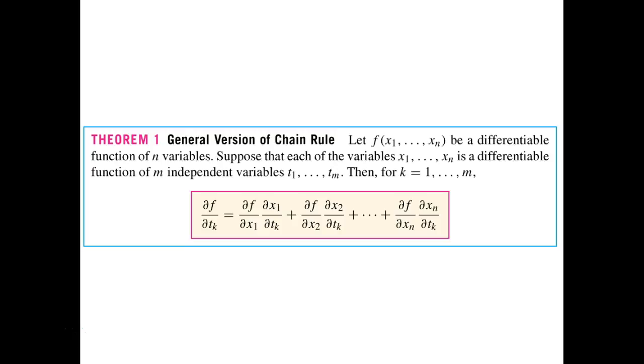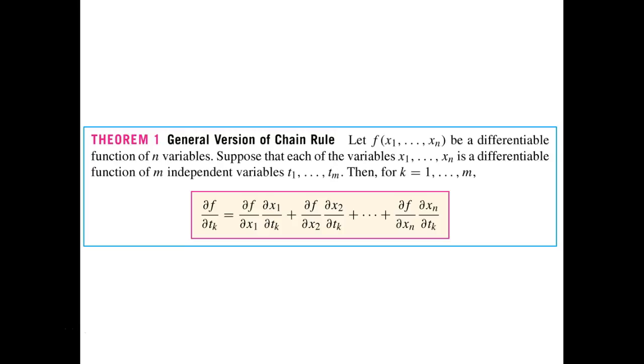let's just pick the kth one of these, any one of them, 1 to m, the kth one of those independent variables. Then the partial of alpha with respect to that t sub k is the partial of alpha with respect to x1 times the partial of x1 with respect to that tk, plus partial of alpha with respect to x2 times partial of x2 with respect to tk, and on.